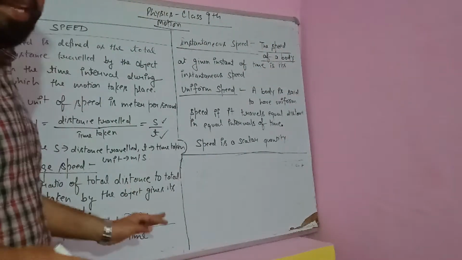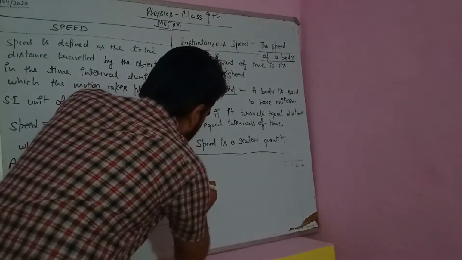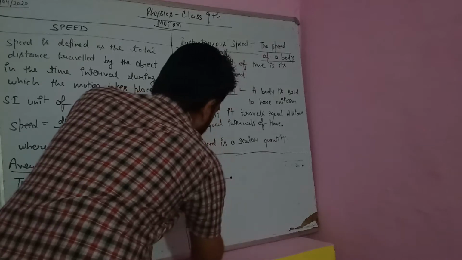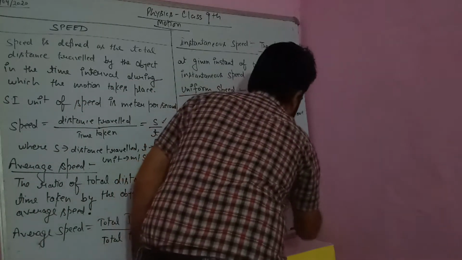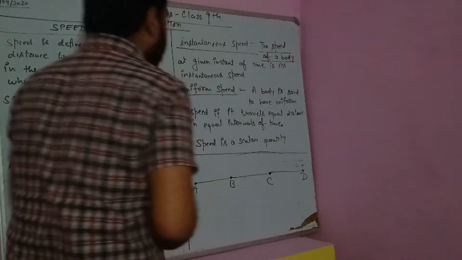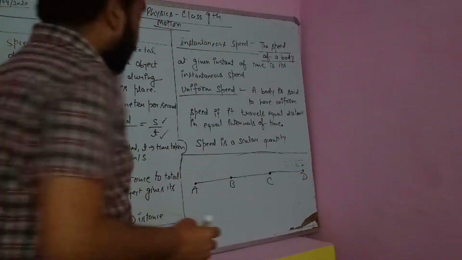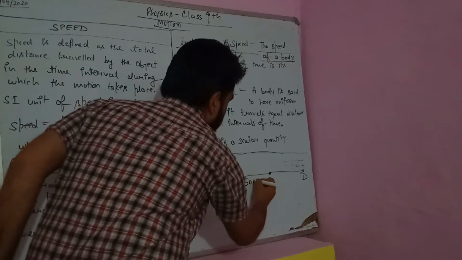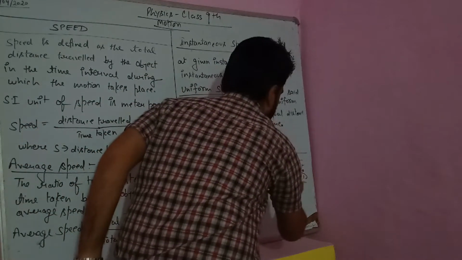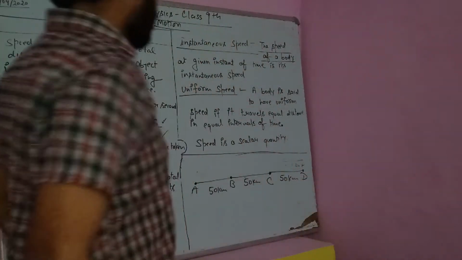We can consider one example. Suppose a body goes from A to B, B to C, C to D, and all these points are 50 kilometers away from each other: 50 kilometer, 50 kilometer, 50 kilometer.